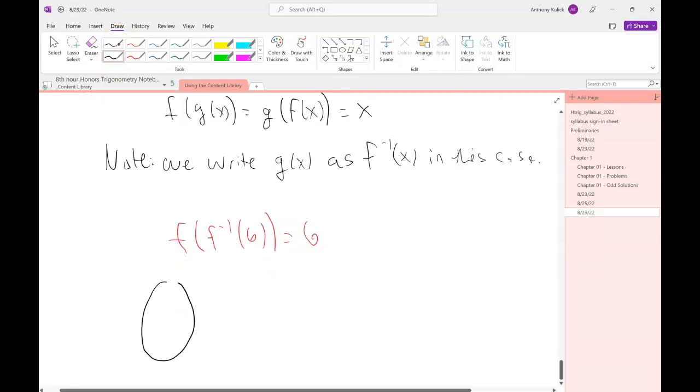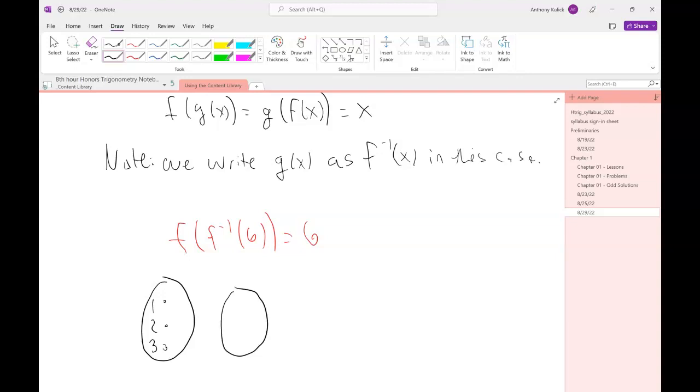So if I have some mapping diagram, and say this is my f, so that's my domain and my range.